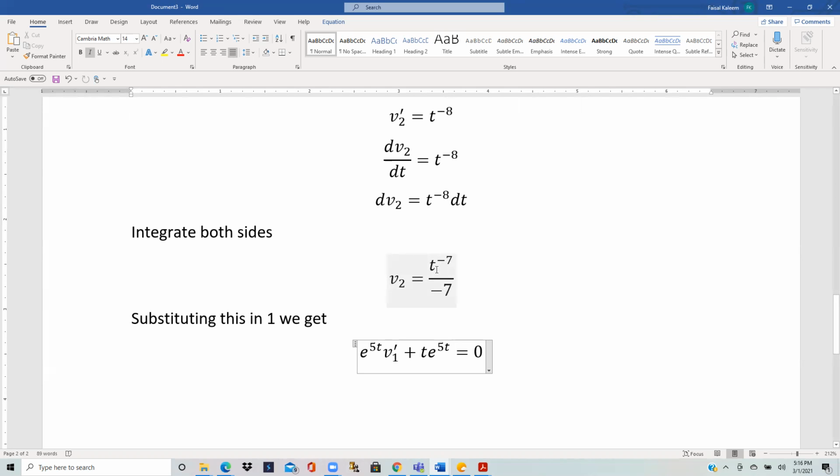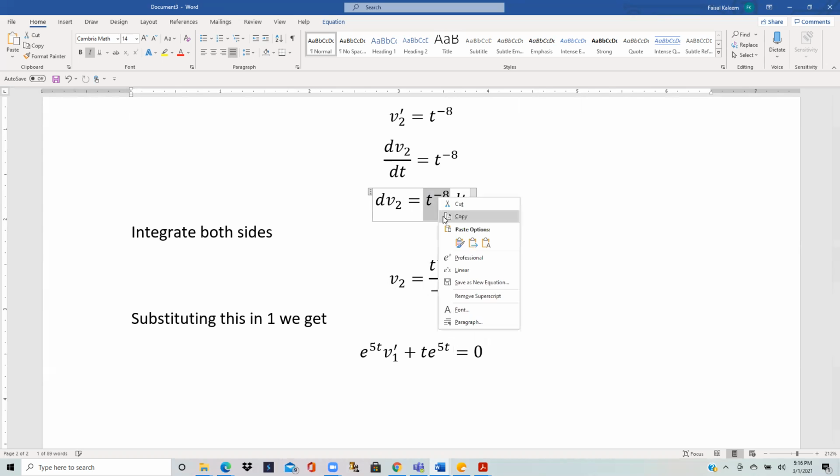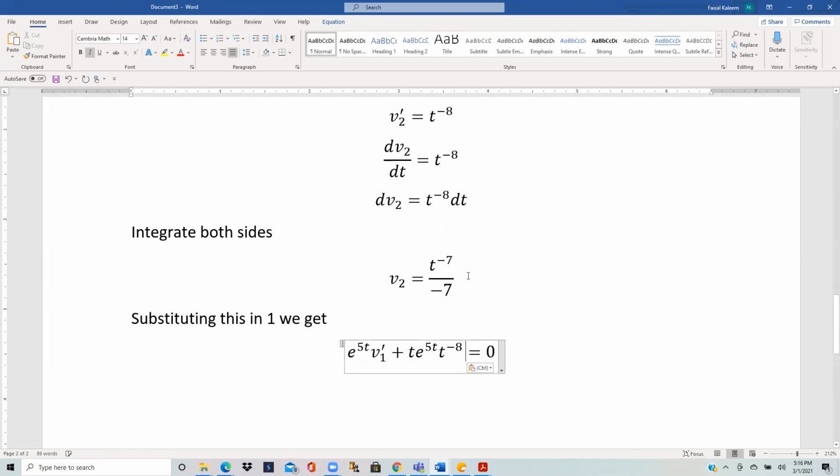So what's the derivative of this? The derivative of this is actually t to the negative 8. Because remember, we can just go at this step because we have to substitute v2 prime. So v2 prime was t to the negative 8, and this was a v2 prime over here. So let's see if we are in a position to get v1 prime out of this equation.